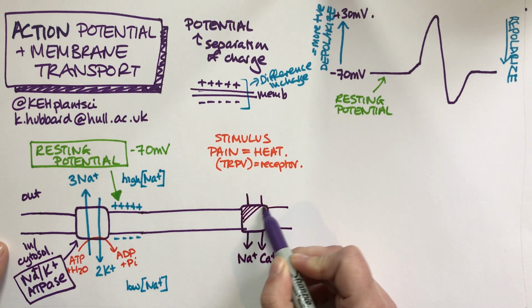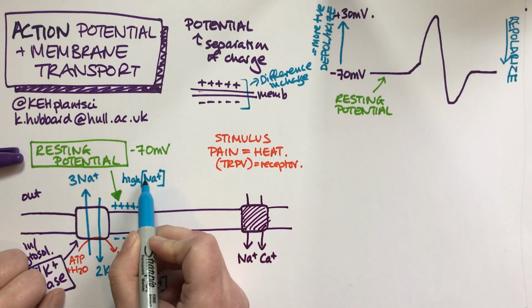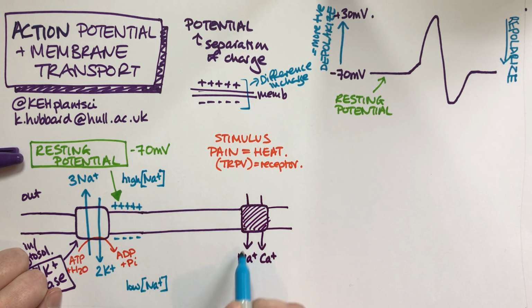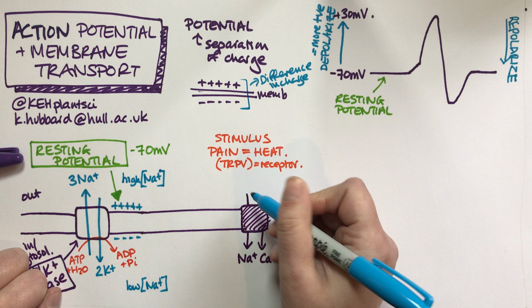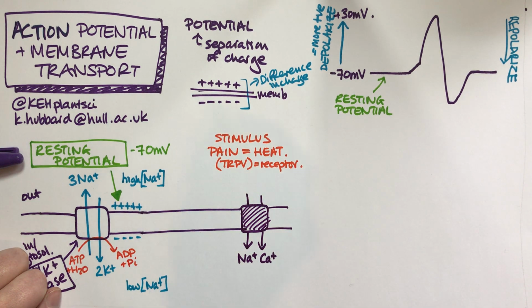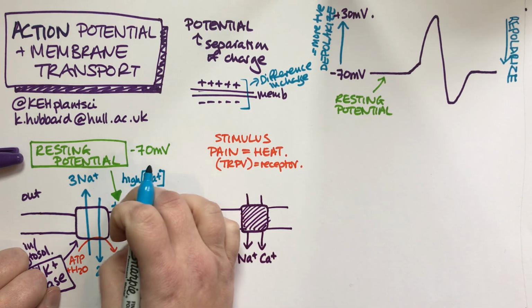Okay, so here's our pain receptor protein. So remember that we've got high sodium concentration on the outside. It's going to be favourable for sodium to come into the cell. Okay. So we're going to have sodium coming into the cell, and what that's going to do is to reduce the imbalance in charge a little bit.